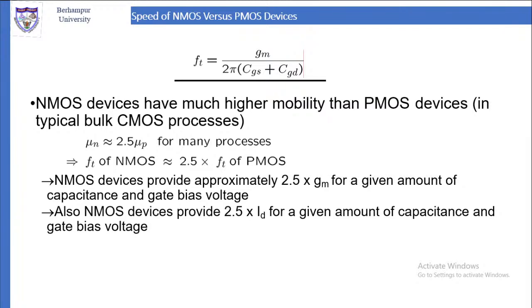So NMOS devices have at least 2.5 times higher mobility than PMOS devices. NMOS devices provide approximately 2.5 times Gm for a given amount of capacitance and gate bias voltage. Also NMOS devices provide 2.5 times Id for a given amount of capacitance and gate bias voltage.